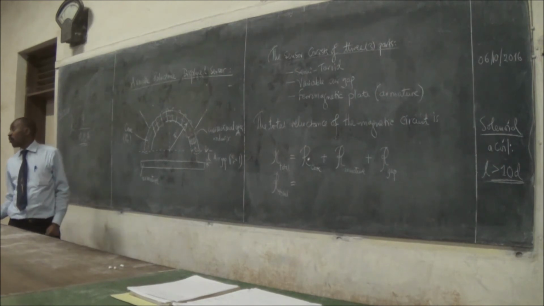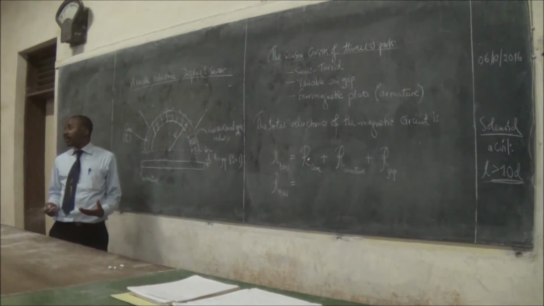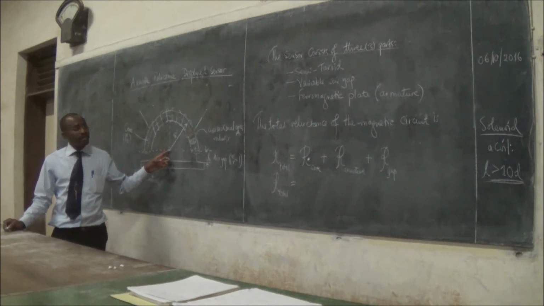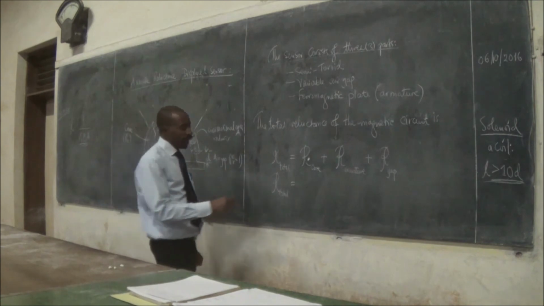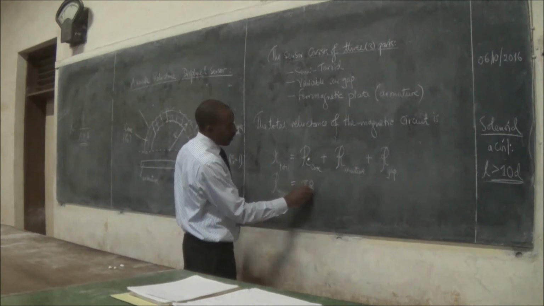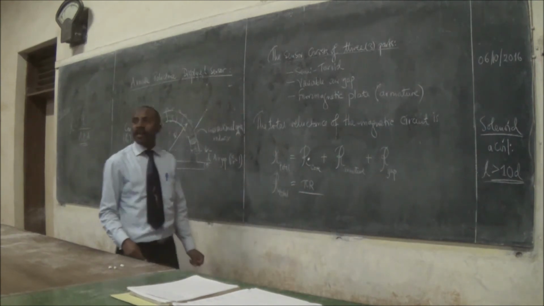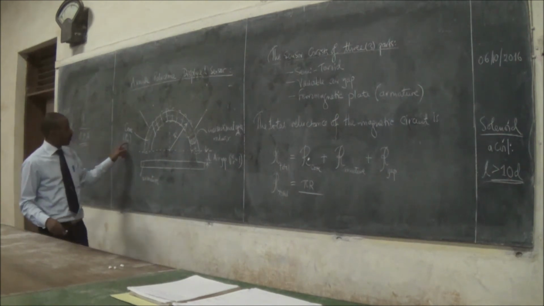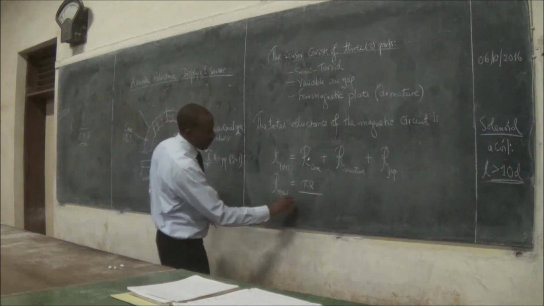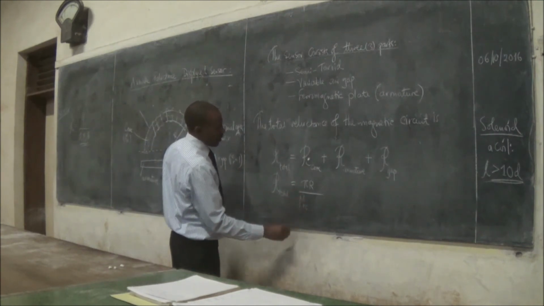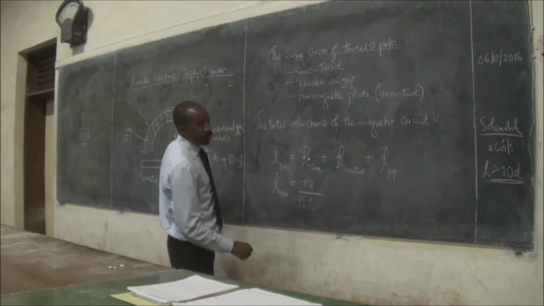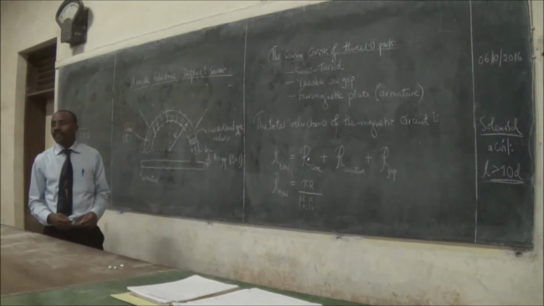It's a semi-toroid, a semicircle of radius capital R, so we would have pi R over mu R of the core, then mu naught, and then what would be the area?